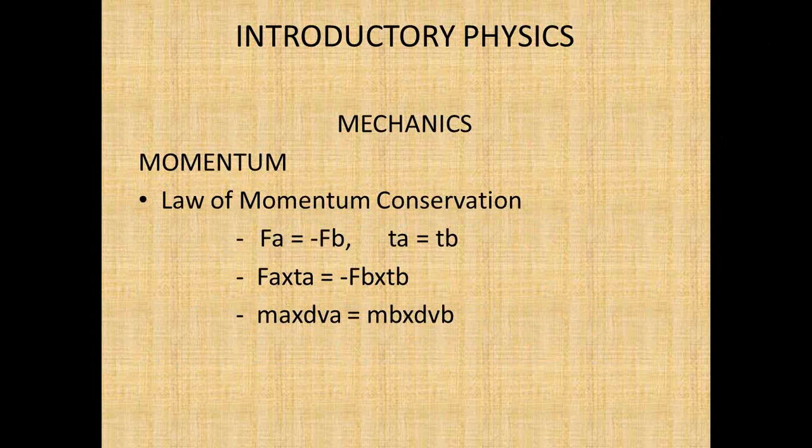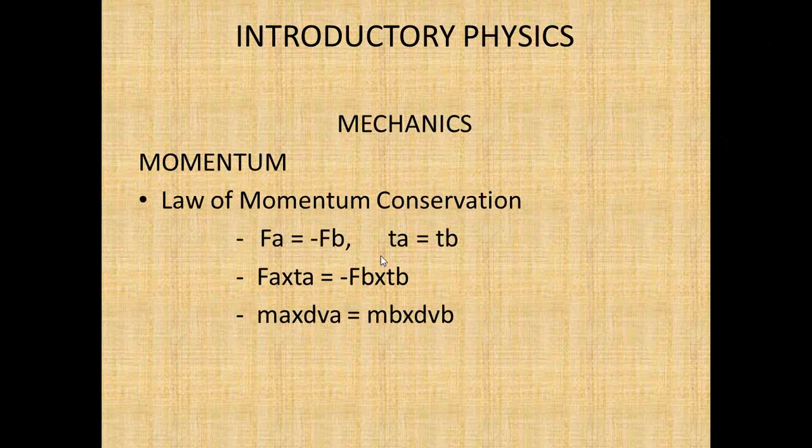The forces are going to be in opposite directions, but the magnitude is going to be the same. So when you have a collision between two objects, the force exerted by one is going to equal the force exerted by the other. Remember that forces come in pairs, but the direction of the force is going to be opposite. One is going to be in one direction, the other in the opposite direction.